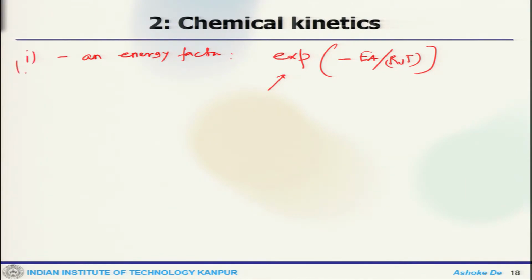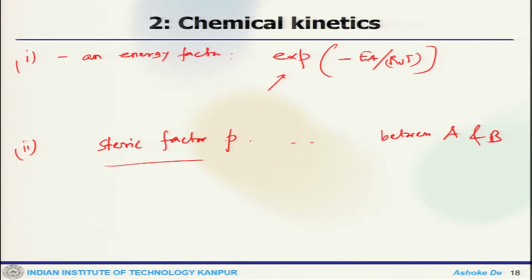So, this is factor number 1, and factor number 2 is geometrical, or someone calls it the steric factor P. That takes into account the geometry of collision between A and B. So, one is the energy factor, which takes into account the fraction of collisions with energy above the activation energy, and the second is the geometric factor.